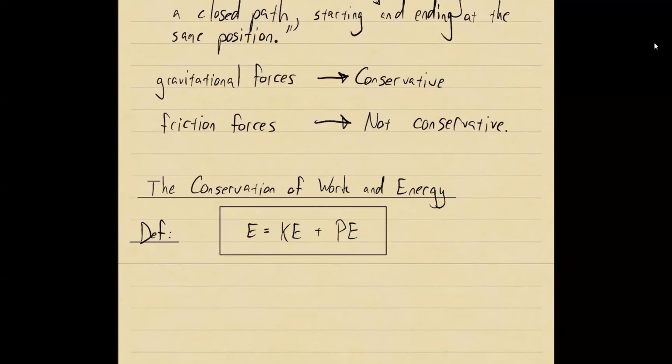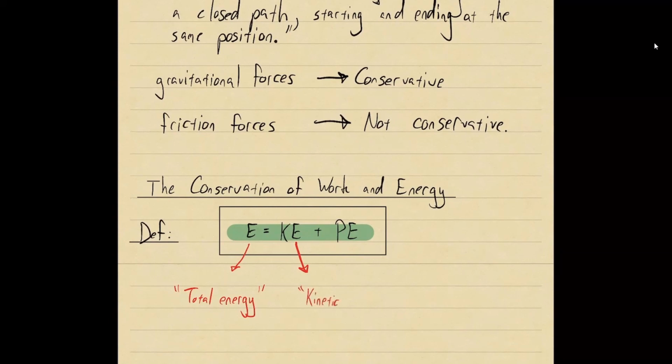E here stands for the total energy of our object. Kinetic energy, KE, is the energy associated with an object in motion.